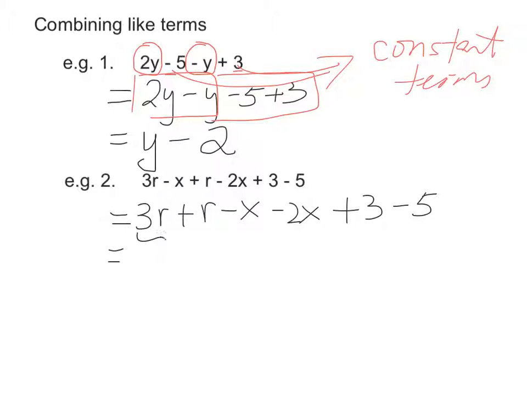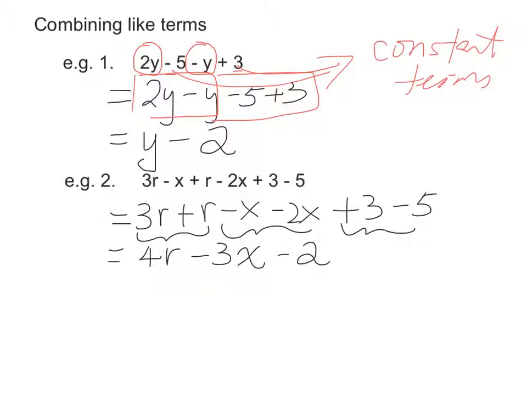Altogether 3r and 1r are 4r. Then I have minus 1x minus 2x, which is altogether minus 3x. And then positive 3 minus 5, at the end I get minus 2. This is the simplified result.